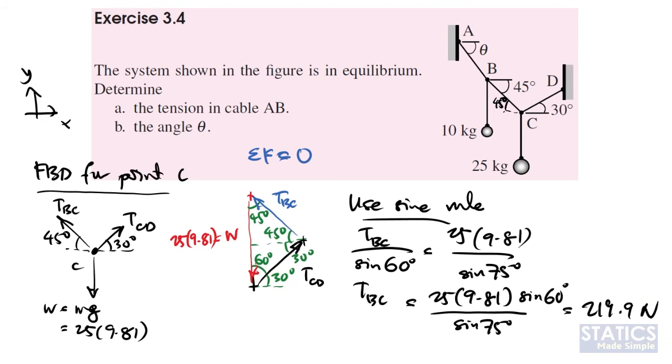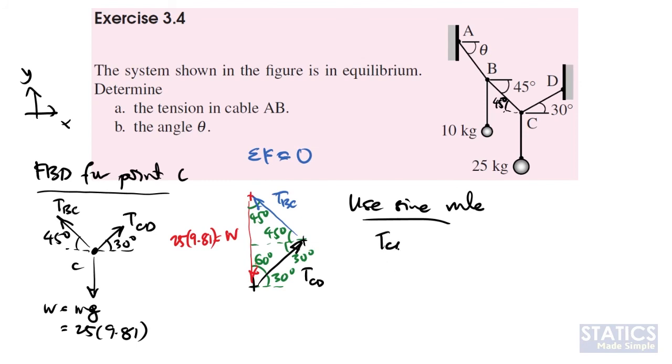I don't know which is the right answer, but the right answer should be the same for both methods. So feel free to check back your calculation. The main point here is the steps to solve the problem. If the steps are correct, you should get the same answer for both methods. Just for completeness' sake, I will show how to calculate TCD using the sine rule again.